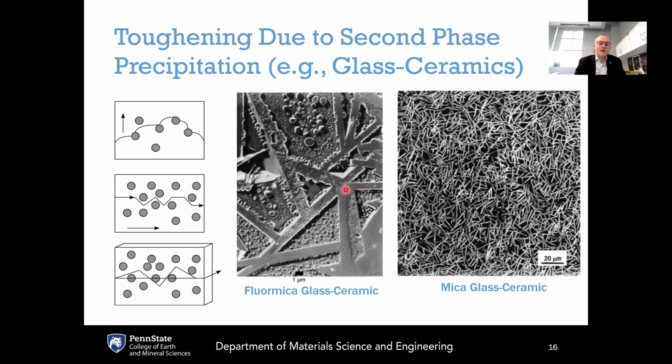A couple of examples of that are shown here: a fluor mica glass ceramic on the left, a mica glass ceramic on the right. And if a crack tries to propagate through any of these microstructures, every time it encounters an interface between a crystal and a glassy matrix, three possible things can happen.